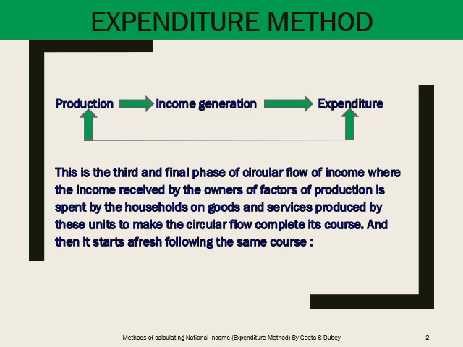This expenditure may be in the form of households who buy the final goods, which leads to consumption expenditure, while the producers who buy the final goods, which is the investment expenditure. As you can see, after the expenditure, the flow comes back to the first phase, as this expenditure generates demand for goods and services in the economy, which again leads to production of goods and services, value addition takes place and distribution of income.